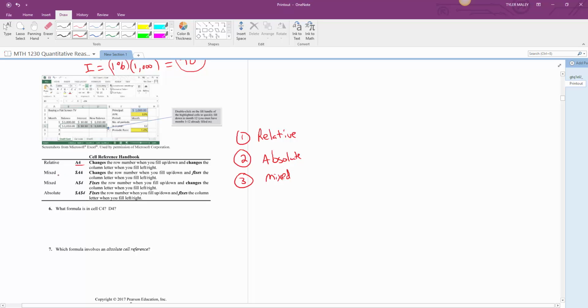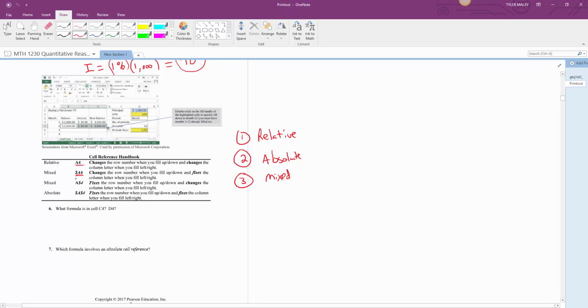Then the first mixed one has a dollar sign in front of the A. This dollar sign in front of the A is going to lock in the column. So no matter how I fill it, the column will not change. If I fill up and down, the row will change, but if I fill left and right, the column will not change.